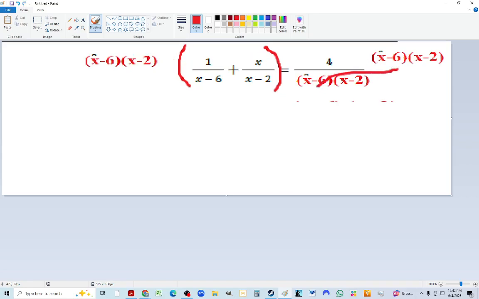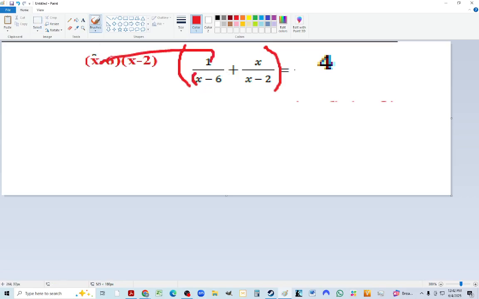Over here, it's clear this just cancels out. Over on the right, each one will distribute through differently because when I multiply this one here, this x minus 6 in brackets will cancel out with this x minus 6. So I'll just be left with essentially x minus 2 up here times 1.